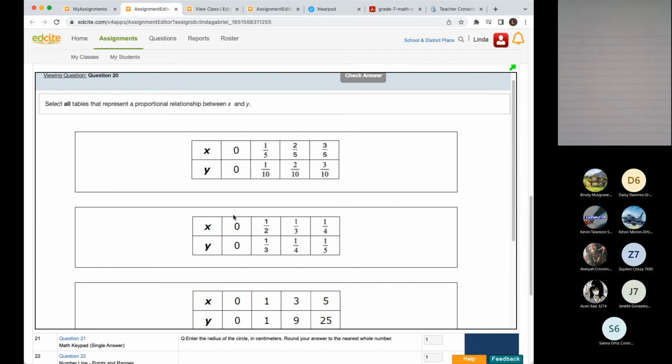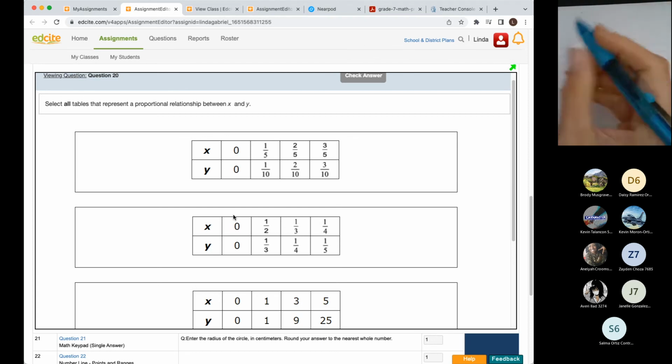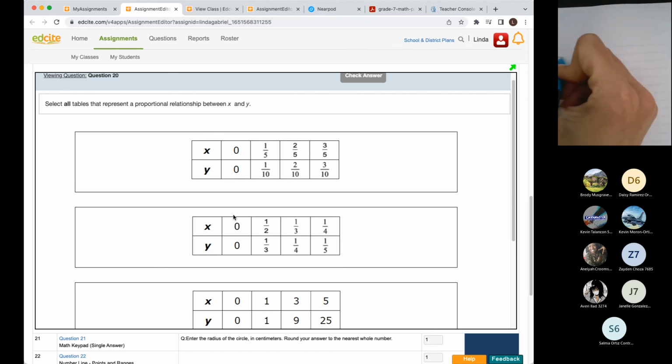All right, select all of the tables that represent a proportional relationship between X and Y. So when I have a proportional relationship, here's X, here is Y, and I need to be able to identify a pattern that is proportional. It means it goes up or down by the same value, right?